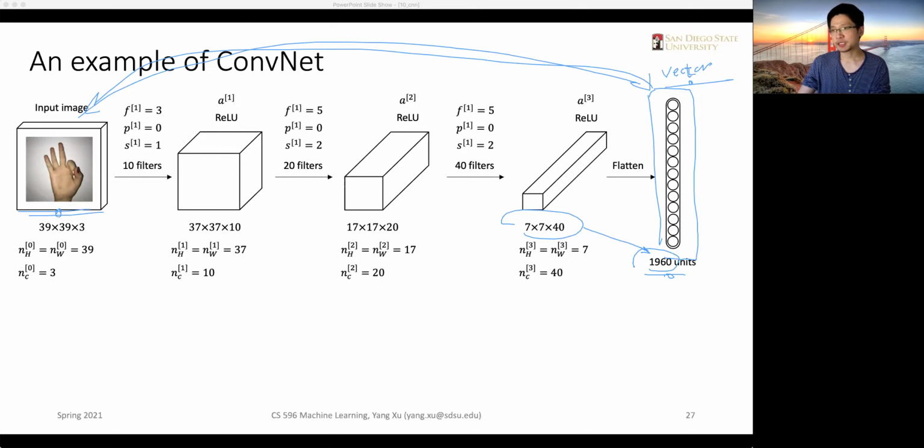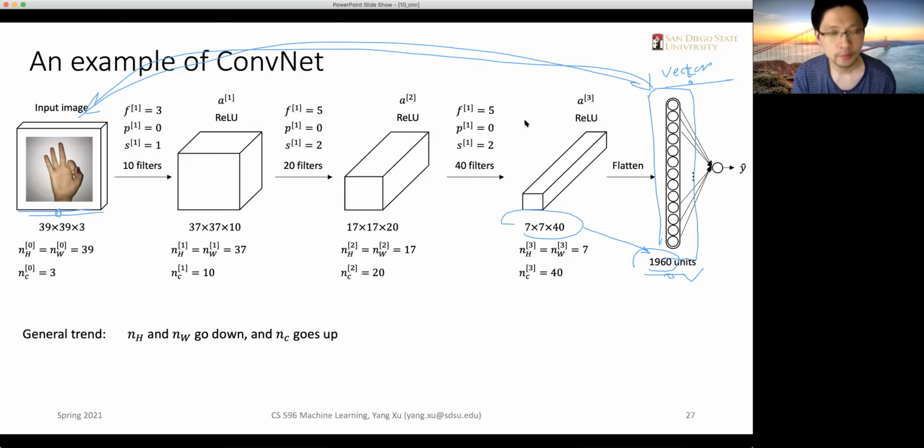So what we can do is use this vector to make classifications. In practice, we're going to feed this 1960-unit vector into, for example, a neuron or a logistic regression model to make predictions. So this is the very first simple convolutional neural network model that we built.